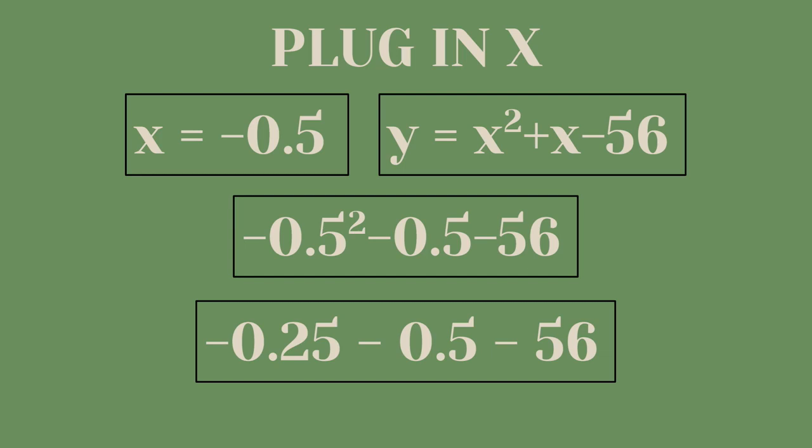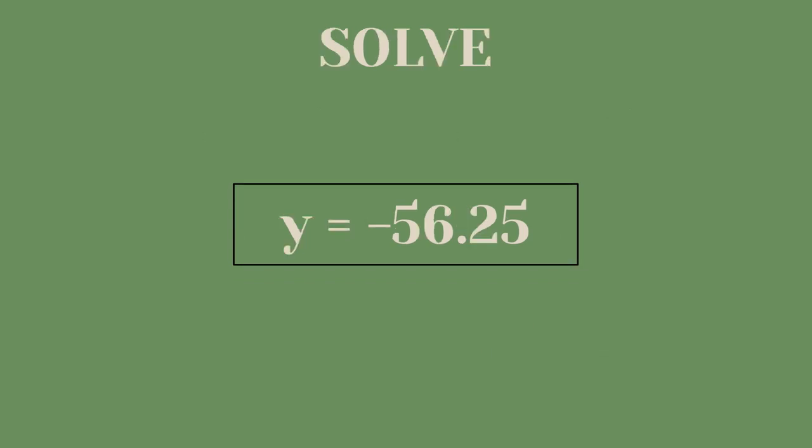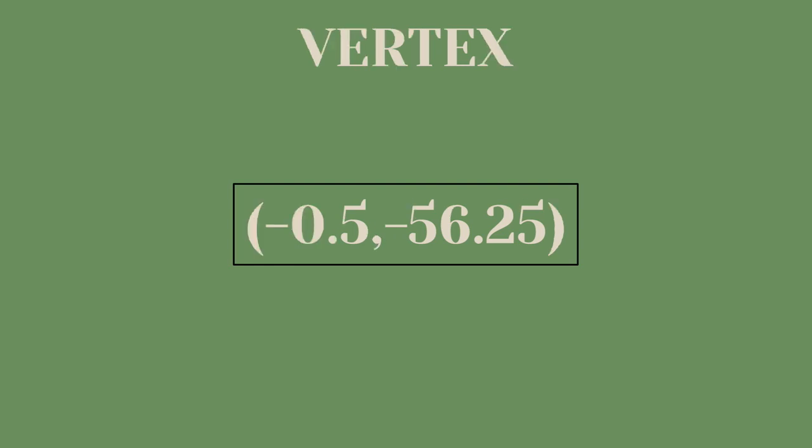And so when you plug it in, you get negative 0.5 squared minus 0.5 minus 56. And as you continue to solve and simplify that, ultimately you will get negative 56.25 as your y-coordinate for the vertex, which means our vertex for this equation is (negative 0.5, negative 56.25).